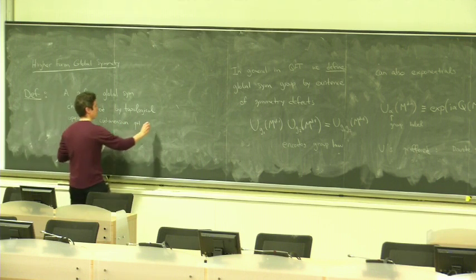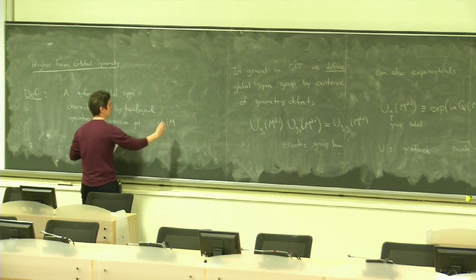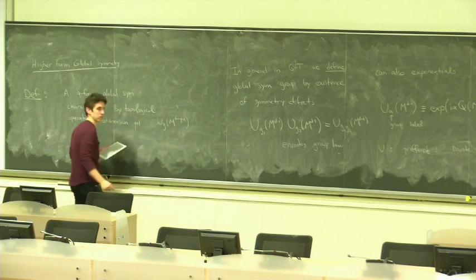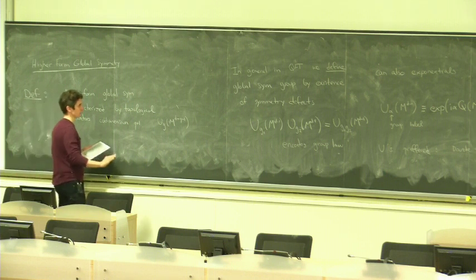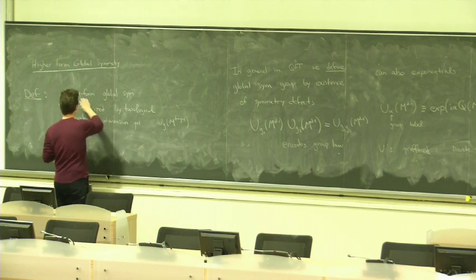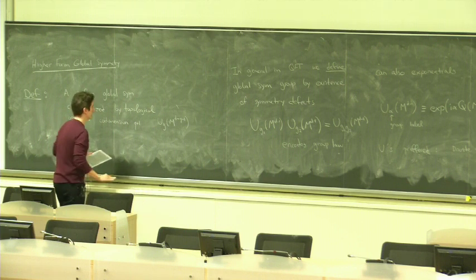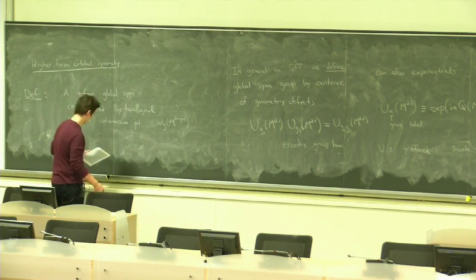So we'll denote them by U, G, and they can be put on manifolds of dimension d minus q minus 1. So that's the definition. So the case we were just studying in this notation is zero form symmetry. That's the standard global symmetry. Q form, where q is greater than 1, will be something new, and we'll discuss what that is.